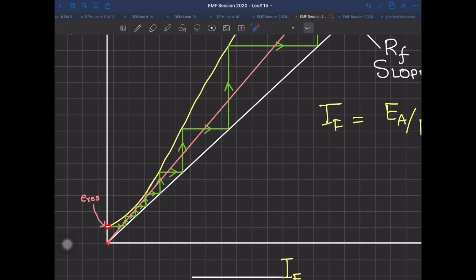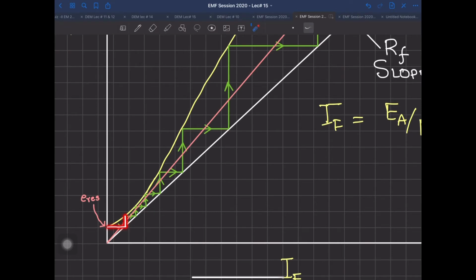Now if your residual flux is being aided by the field current, what will happen? You are going to have the IF increase, as you can see from the arrowhead over here. Because of this field current increase, you will have an increase in your EMF, and it will reach this point of the magnetization curve.